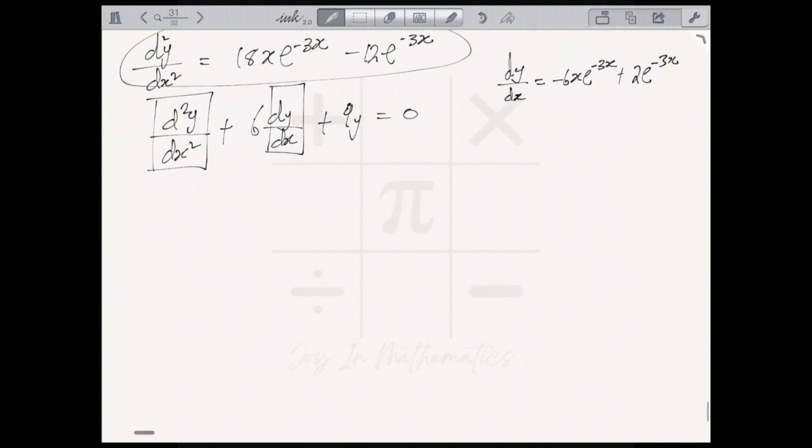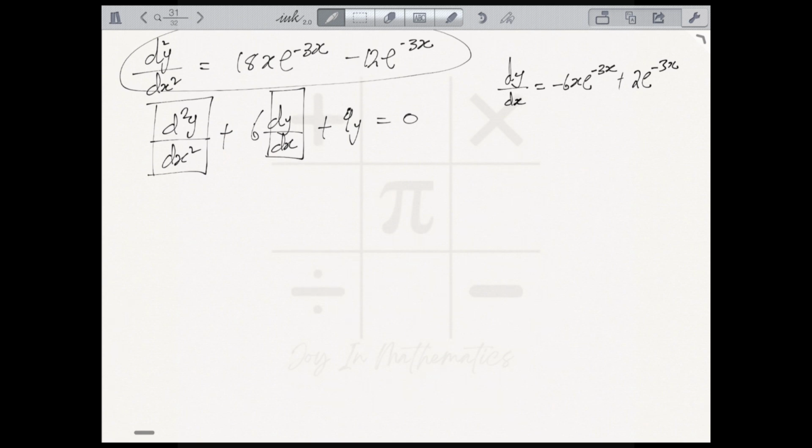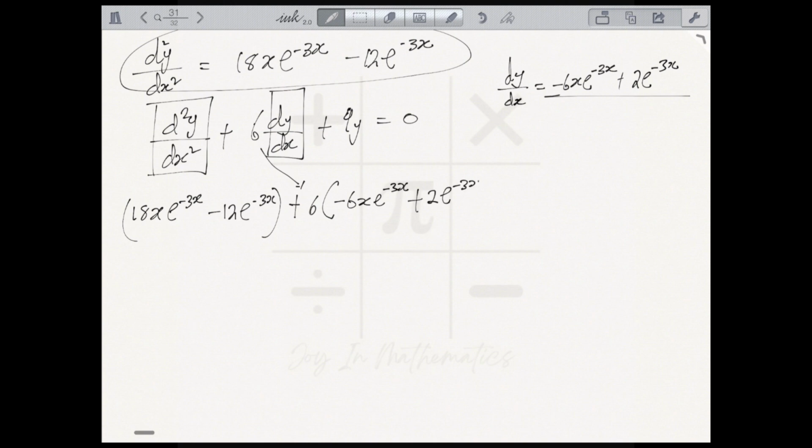Now let's make our substitution. Starting with d square y dx squared, we have 18x exponential minus 3x minus 12 exponential minus 3x plus 6. And let's make our substitution of dy dx as minus 6x exponential minus 3x plus 2 exponential minus 3x plus 9.